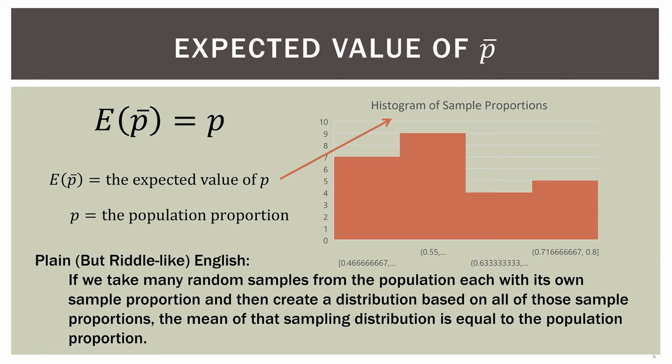So in this case, we had 25 grad students go out and survey 30 students. We put all the sample proportions in their own distribution. That's a sampling distribution. We took the mean of that sampling distribution, and we had 0.612, I believe, and that would be the expected value of P bar: going out, taking many samples from the population, and taking the mean of all those sample proportions.